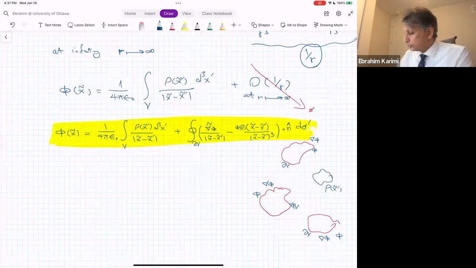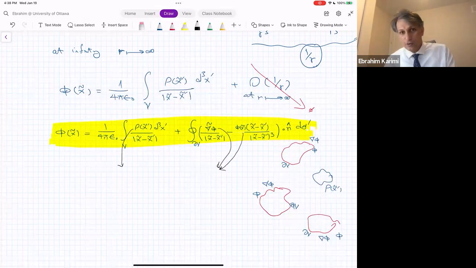And in order to use this formula, you need the charge distribution, which we do have. Also, what we need is gradient of phi and phi, or gradient of phi only, or maybe only phi, or vice versa. So there are different scenarios.